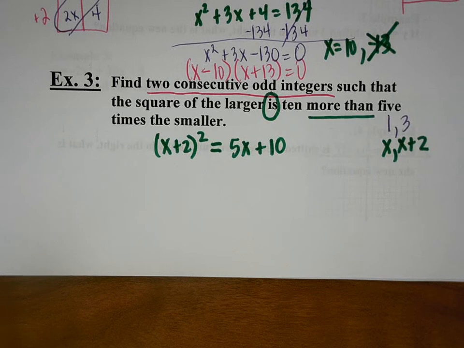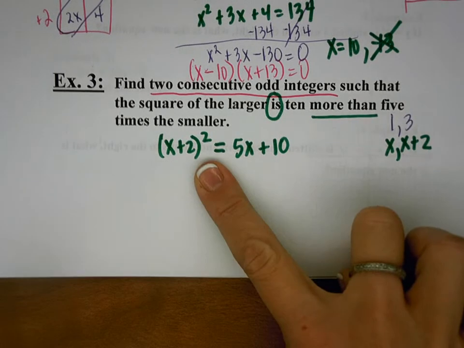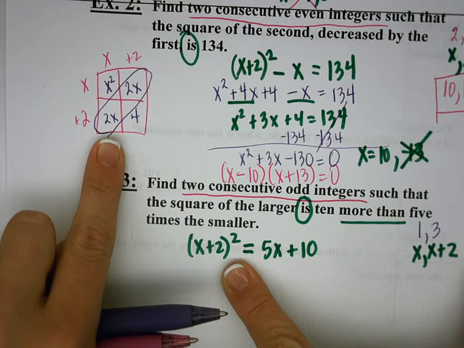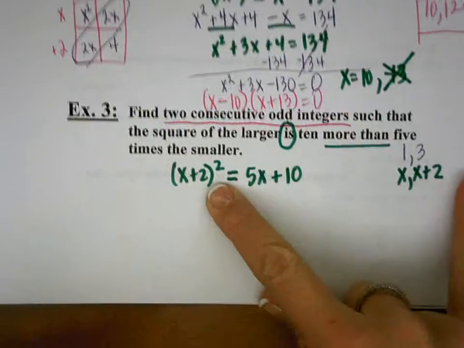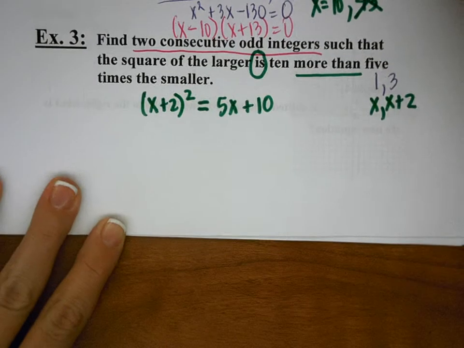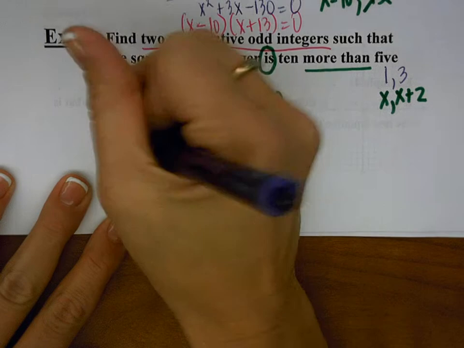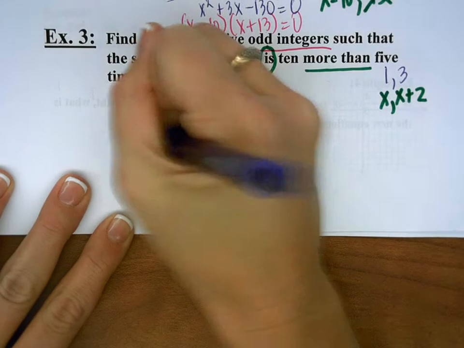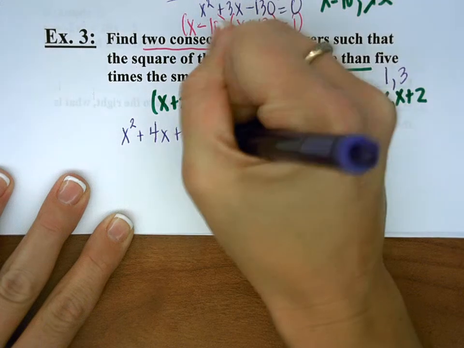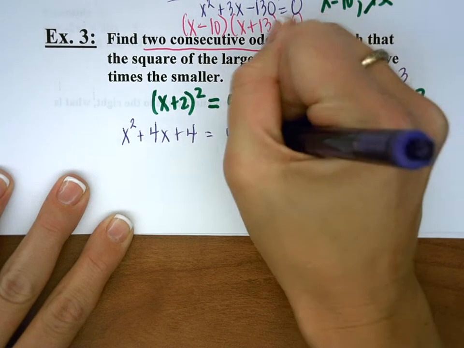All right, so now we're going to solve this. First thing we need to do is multiply that out. Did I already multiply that out right here? Yeah. So we already know that x plus 2 squared is x squared plus 4x plus 4 equals 5x plus 10.